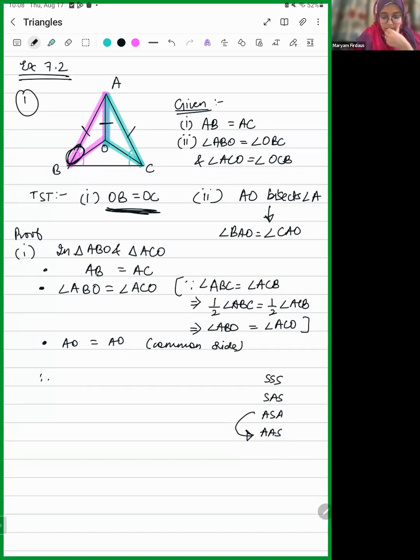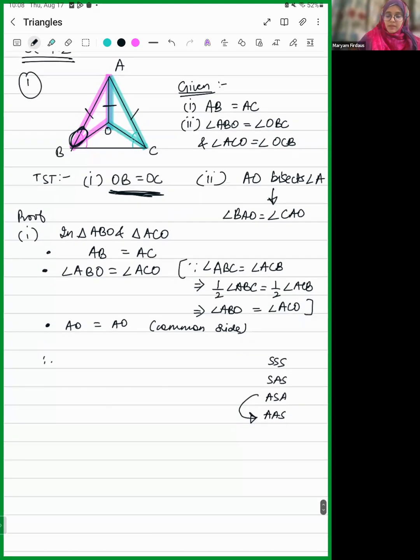Think about this. Let me give you a hint. It is an isosceles triangle, so angle B equals angle C. Then half of angle B equals half of angle C, and the sides will be equal as well.